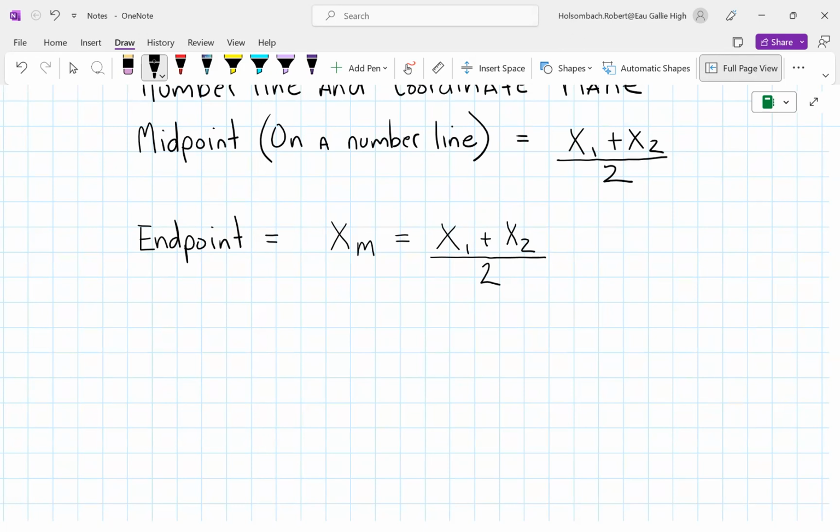And make sure you have this down, that this x sub m means coordinate of the midpoint. Your x sub m equals the coordinate of the midpoint.